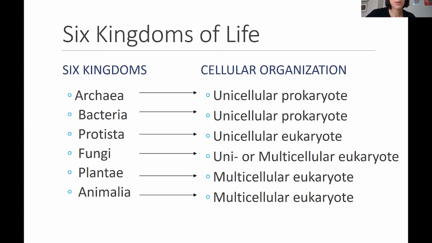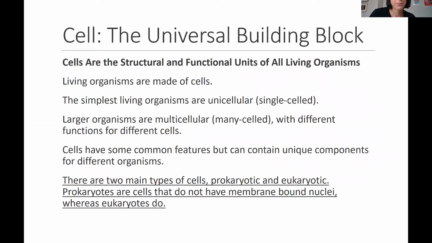But generally, we're going to be talking about the difference of how these types of organisms are organized, as far as how cellular they are, if they're uni or multicellular, or if they're prokaryote and eukaryote, and what that means. We talk a lot about the cell because the cell is generally the universal building block of most all life.